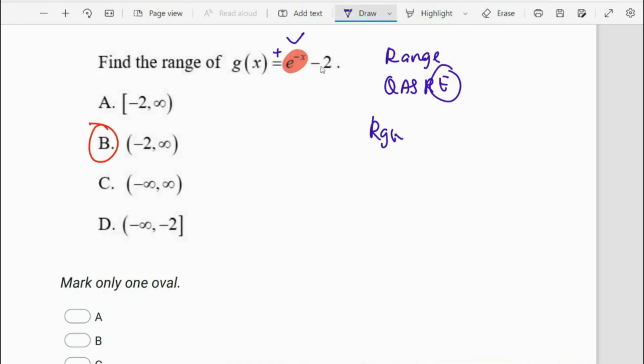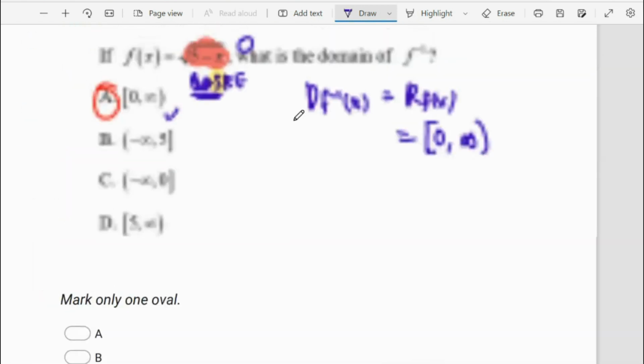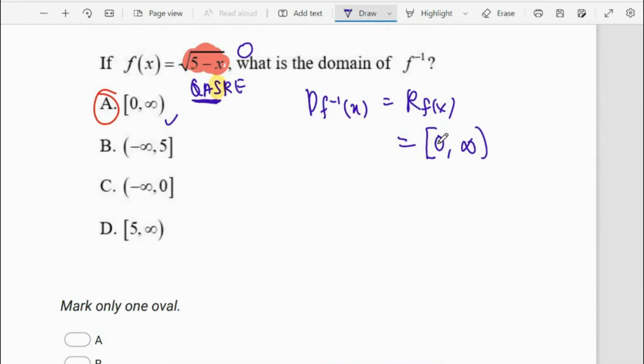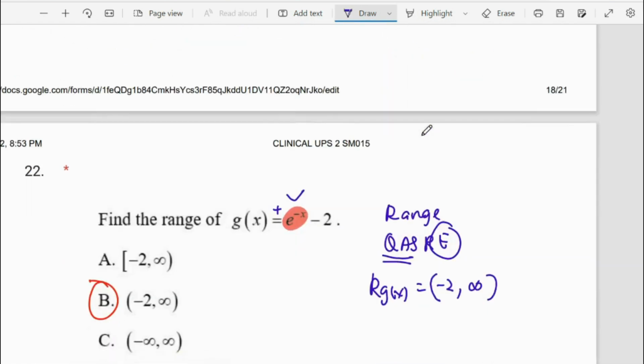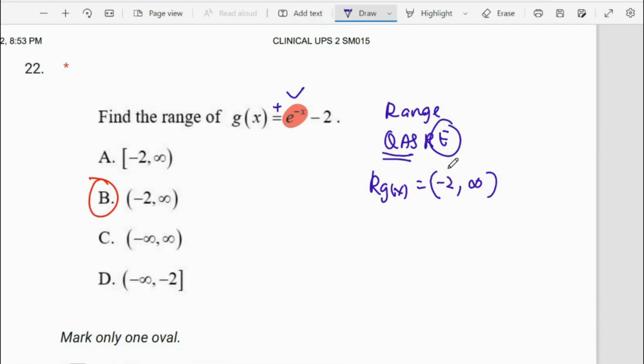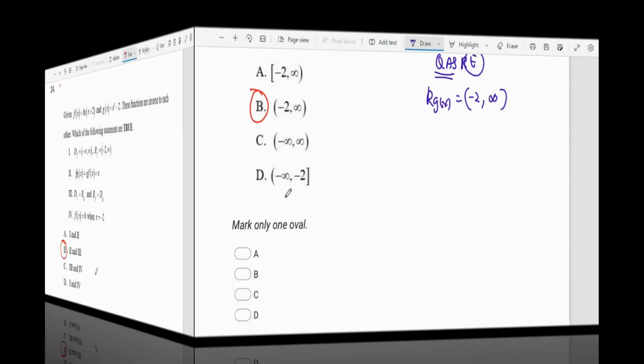So the range for this g(x) is positive infinity. The value outside is negative 2. So the exponential is not included. For quadratic, absolute value and square root as before, the minimum value is included. For the exponential, the last case, it is not included, it is an open bracket.